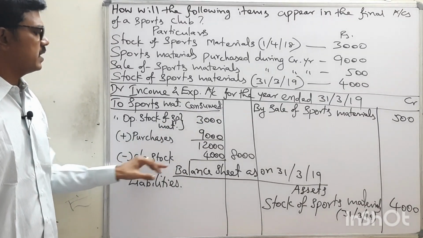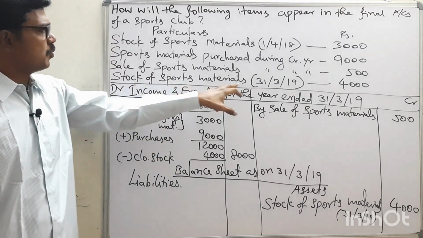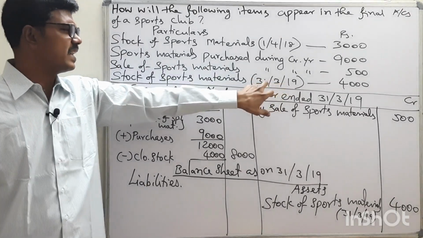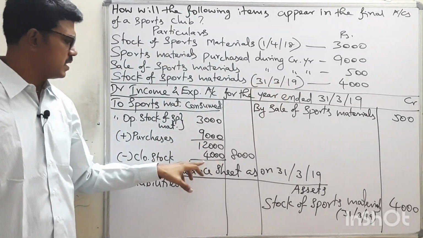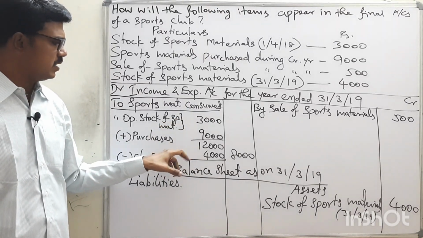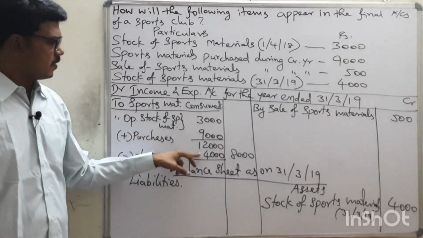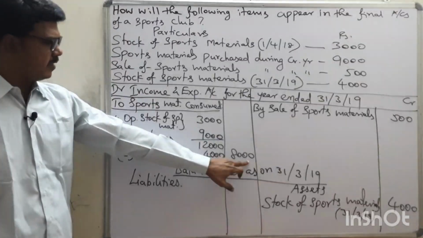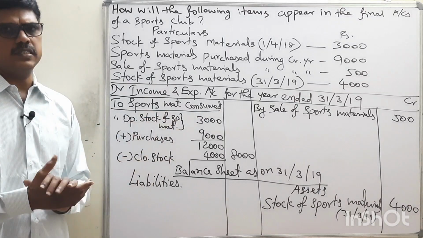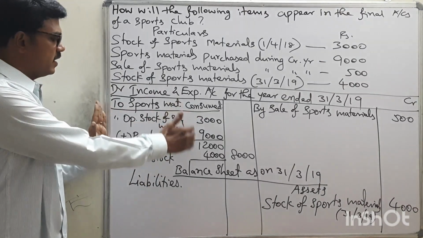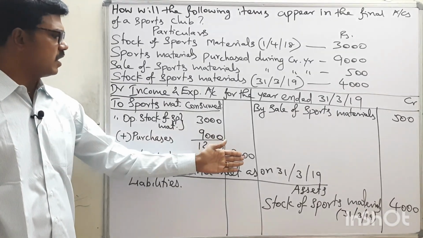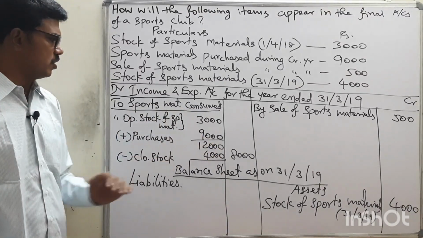Then we should subtract the closing stock. Stock of sports material on 31st March, at the end of the year, is the closing stock. It must be subtracted from this total. If you subtract the closing stock from 12,000, we will get the value of sports material consumed during that year. Even though we have written it like a format, we can understand the logic behind it.